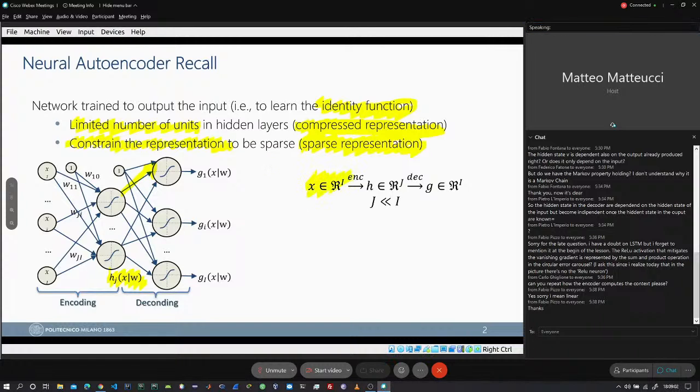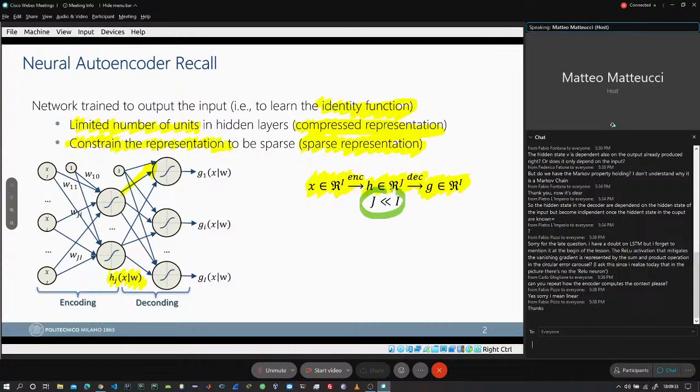So the problem becomes taking some data in an original space, projecting this data into a sort of embedding space, and then decoding this data back in the original space, and you want the embedding space to have a dimensionality which is lower than the original one.